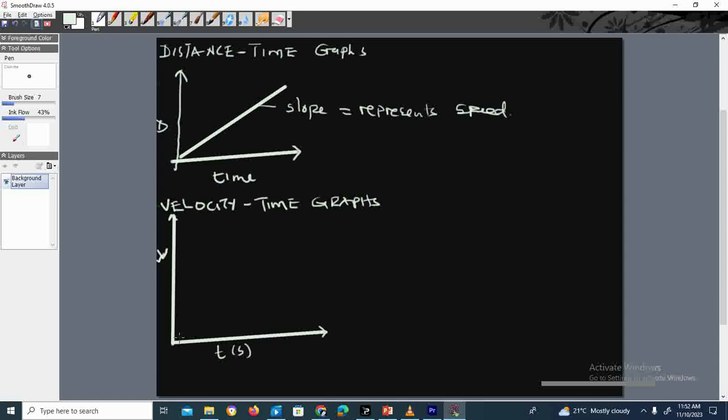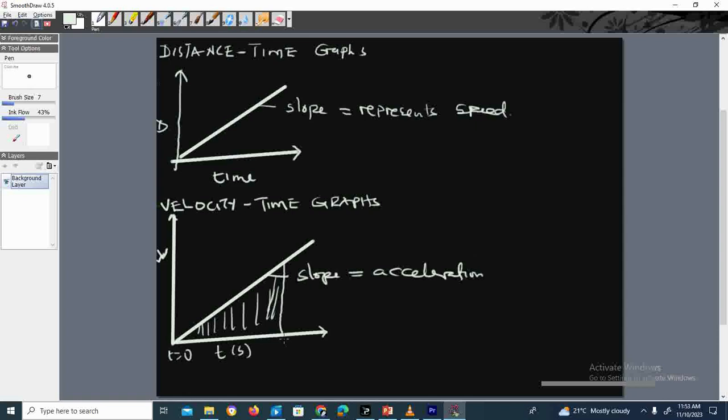Again, if it's a straight line graph, the slope will represent acceleration, and the distance covered from t equals 0 to this time t will be given by the area under the graph. Distance covered is equal to the area under the graph.